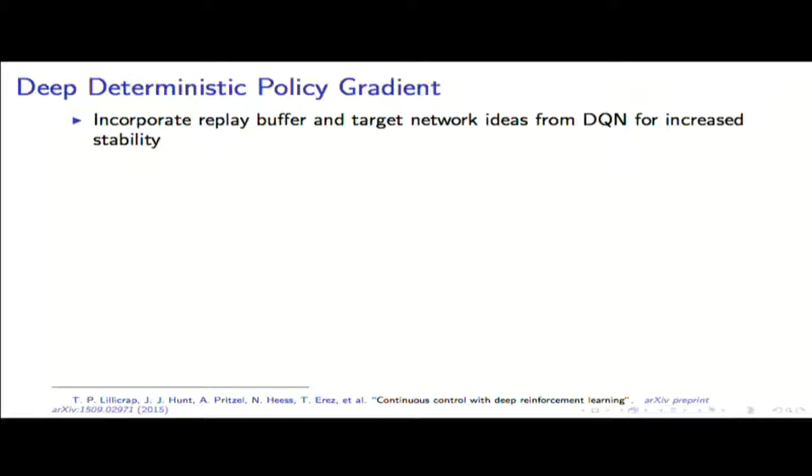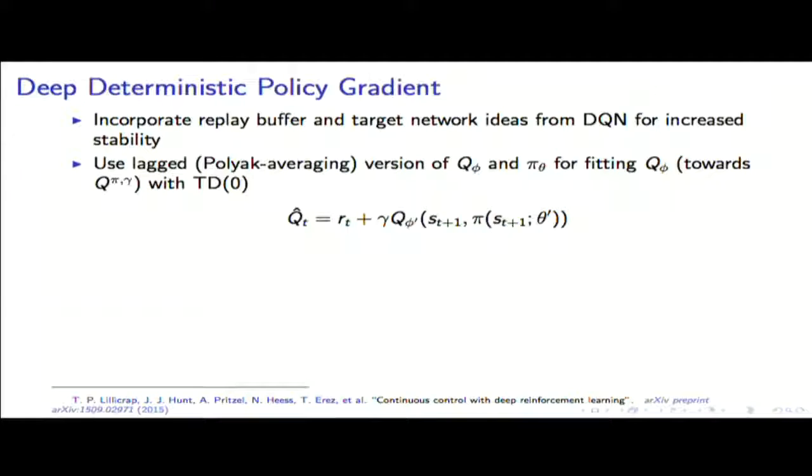OK, so then there was another follow-up paper by Lillicrap and others where they called this algorithm deep deterministic policy gradient. They incorporated some ideas from DQN to increase the stability, because the previous version of the algorithm wasn't very stable, presumably because, first of all, you're trying to estimate a Q function using TD0, and that's hard with function approximation.